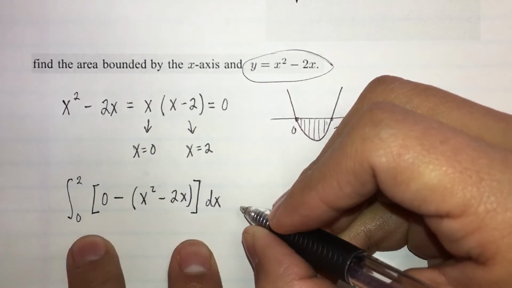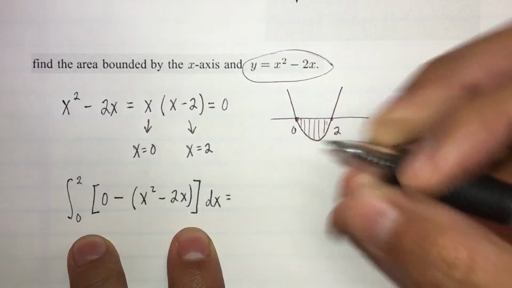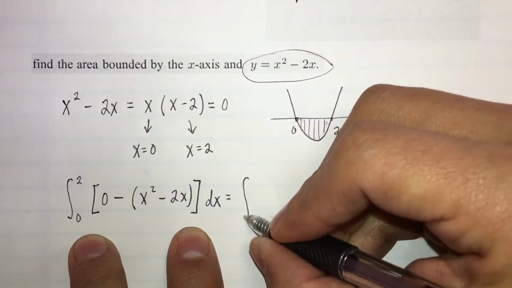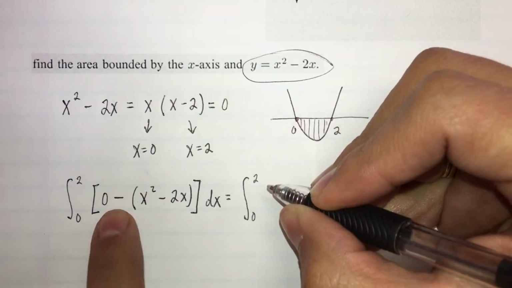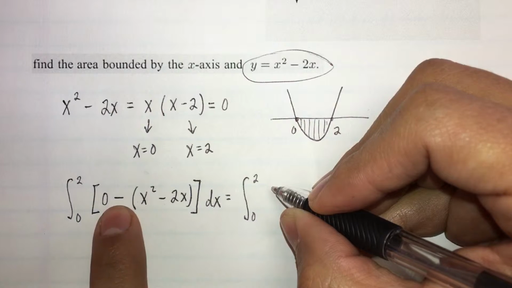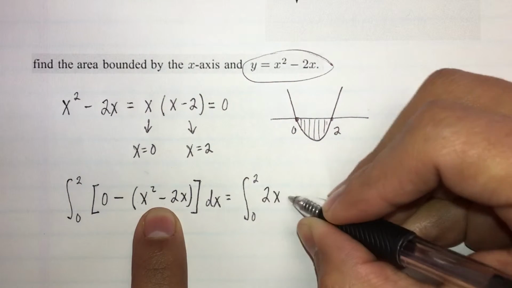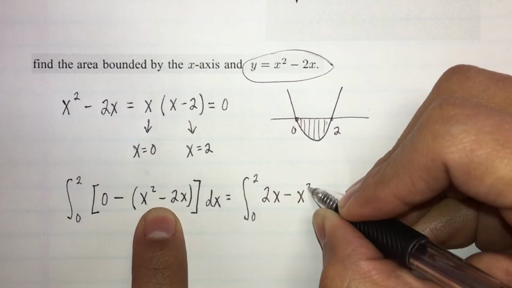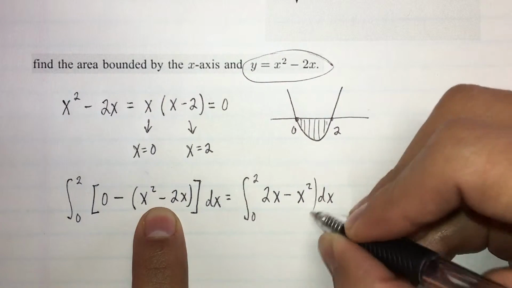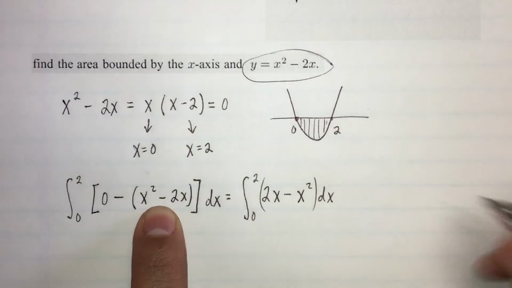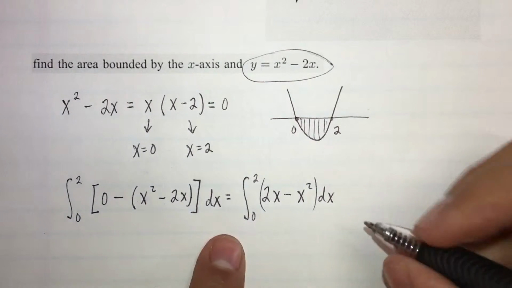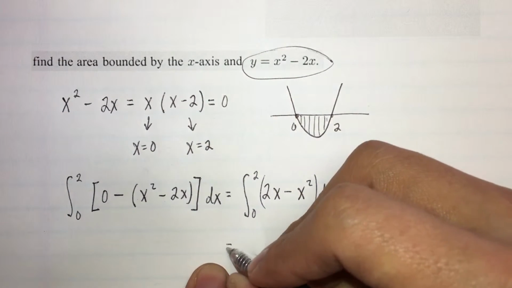So to evaluate the definite integral, I'm going to first rewrite it. So negative x squared, and minus a minus is a positive. So we have positive 2x minus x squared with respect to x. And the next step is to take the antiderivative.